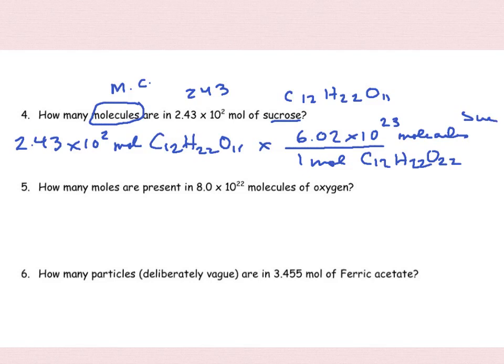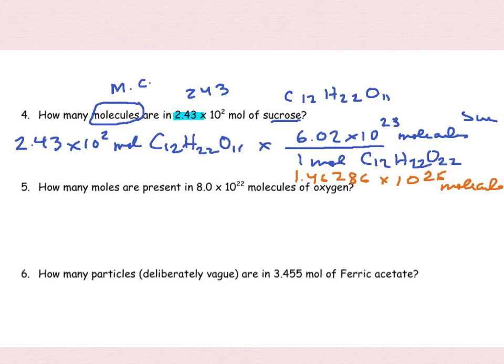When you plug it into your calculator, you're going to get 1.4628 and so on 6 by 10 to the 26th. Molecules is your final unit for that. Now, rounding wise, if you look back to your original question, there are 3 digits in 2.43.